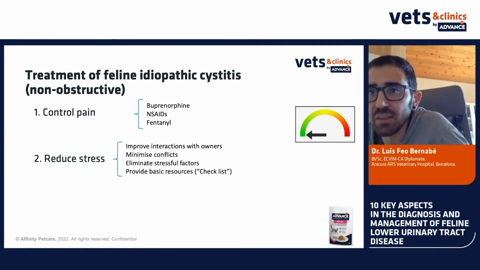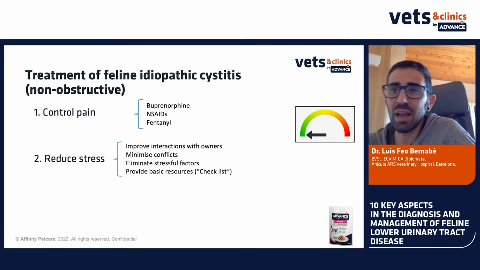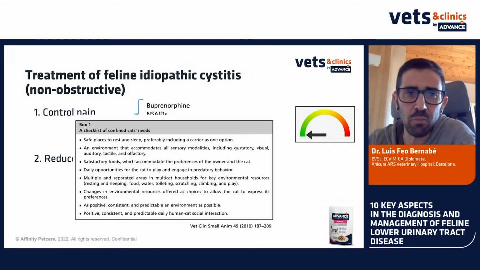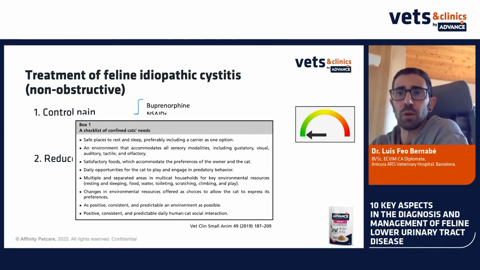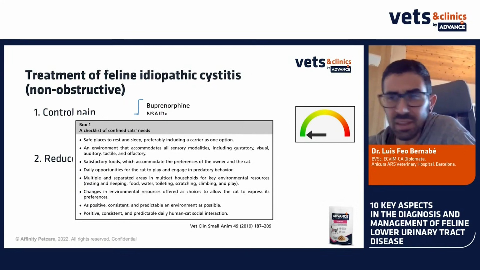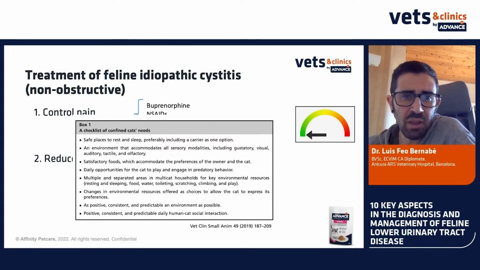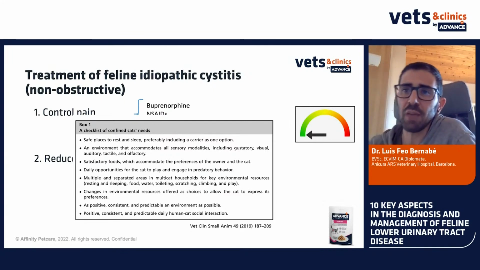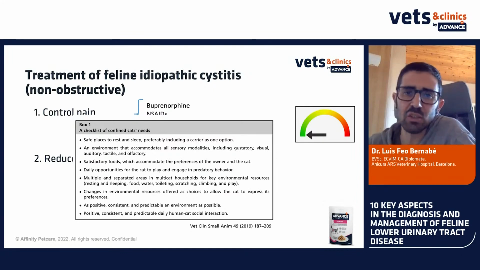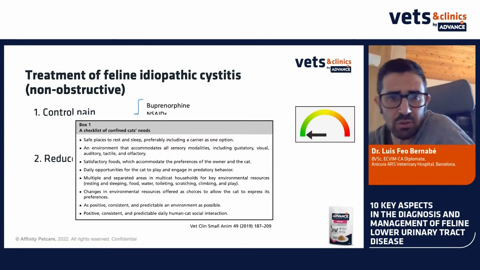And you need to assess the basic resources that the patient has. I have here one of my checklists that I use frequently in these cases, because I tend to ask if they have a safe place for rest or sleep, if they have satisfactory food, if they have changed the food in the last few days, if the cat has a daily opportunity to play or engage in predatory behaviors.